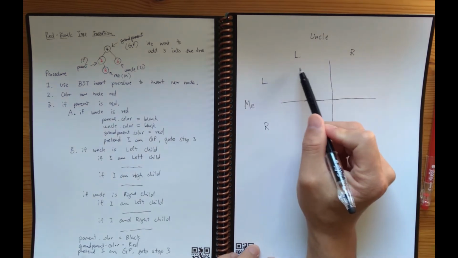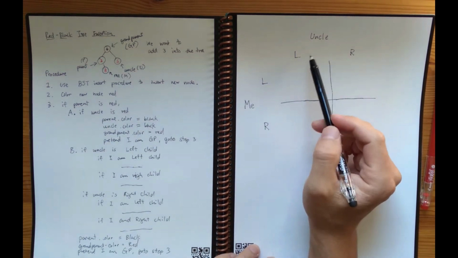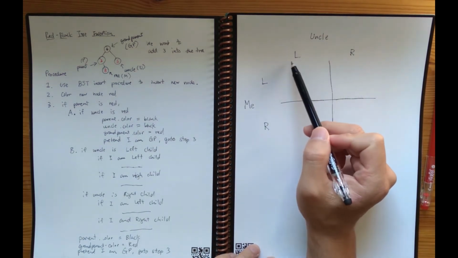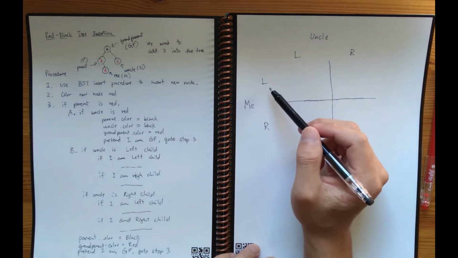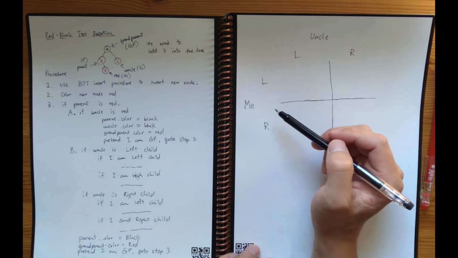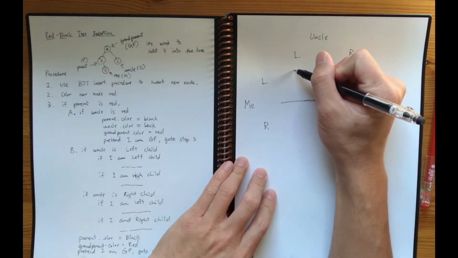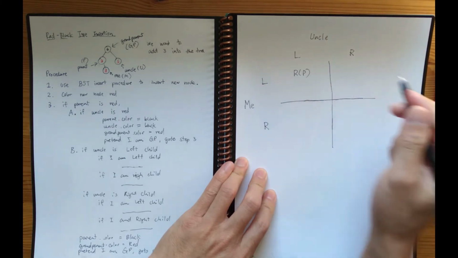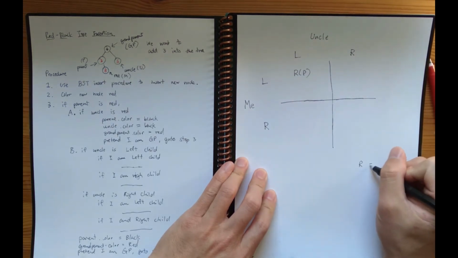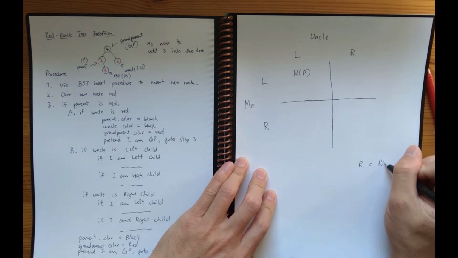So if we're in the left situation, as in my uncle is the left child of my grandparent, and I'm the left child of my parent, then what we're going to do is right rotate our parent. R means right rotate.